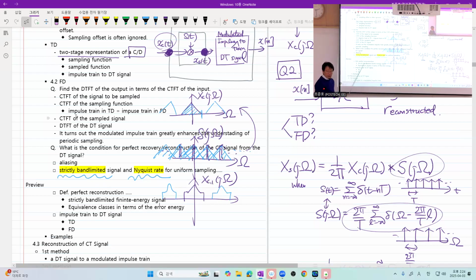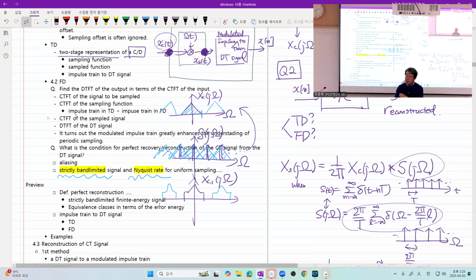For perfect reconstruction, which we haven't yet defined but I'm going to, we need a strictly band-limited signal and a sampling rate that satisfies this condition. But here was something strange, and this is what I want to say.